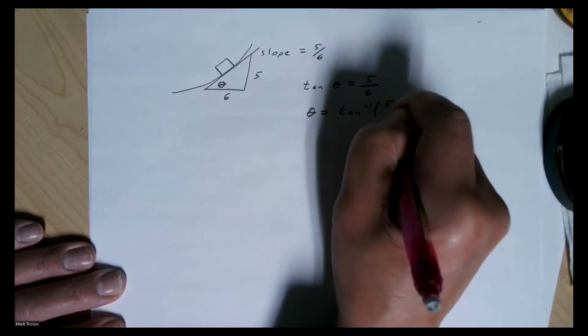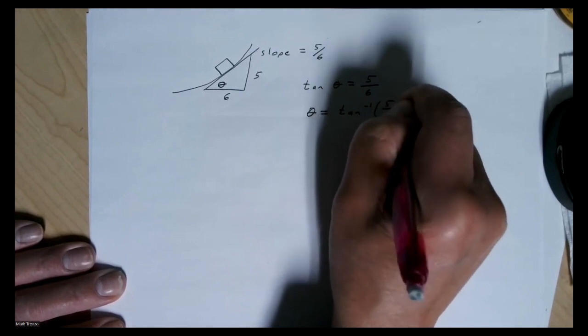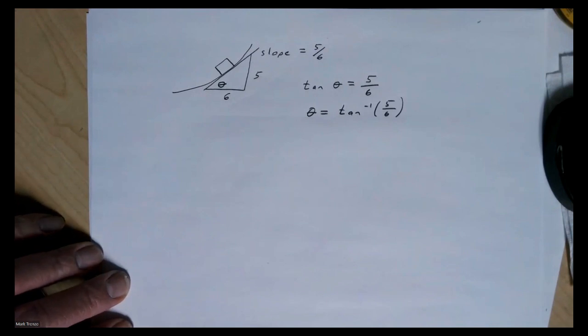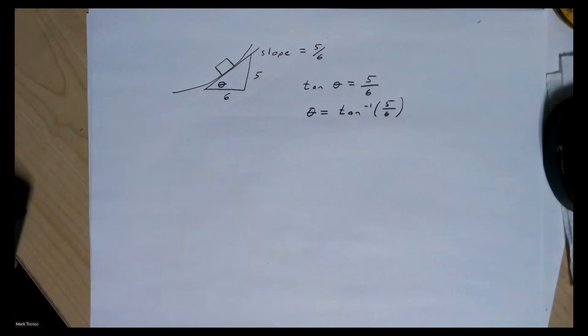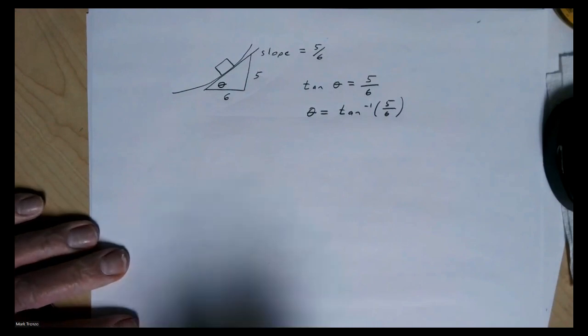So to find theta, we can take the inverse tangent. And when you put that into your calculator, I have it in radians, obviously. We put that into your calculator. You get around 39.8 degrees.